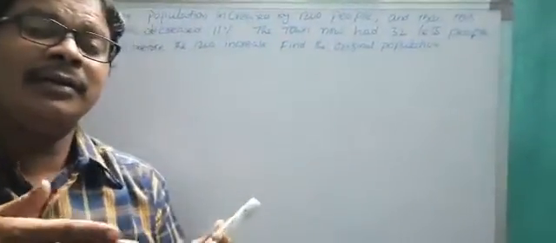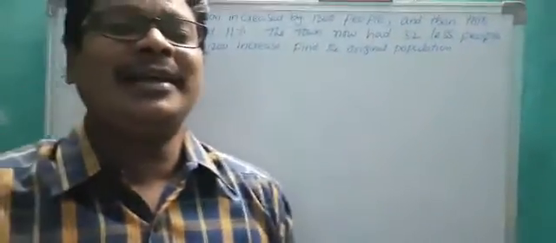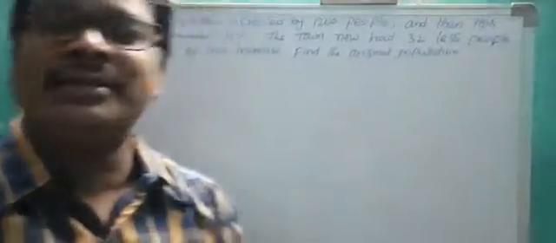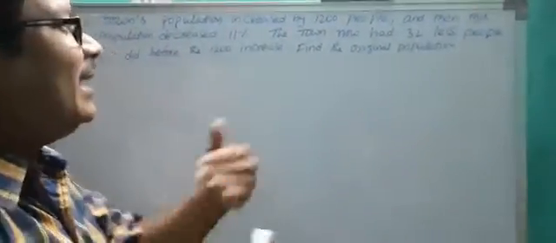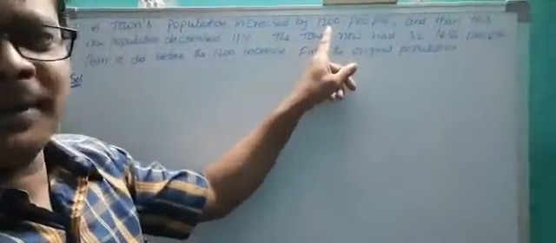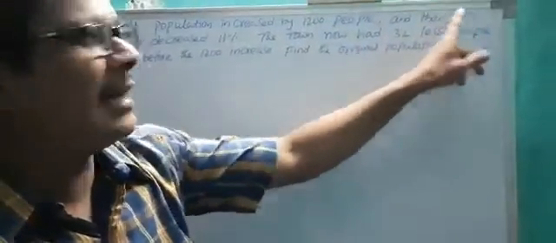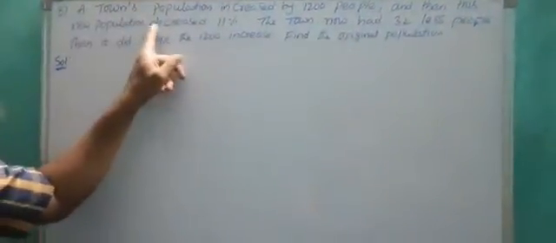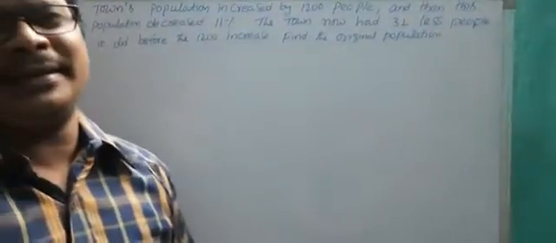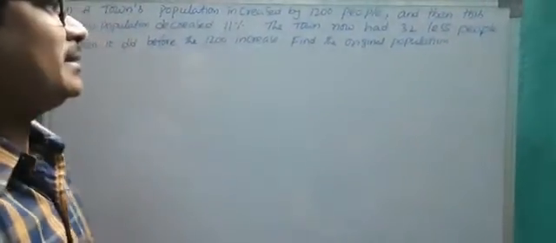That means the present population in that particular town is not given, but after increasing by 1200 people, the new population then decreased by 11 percent.